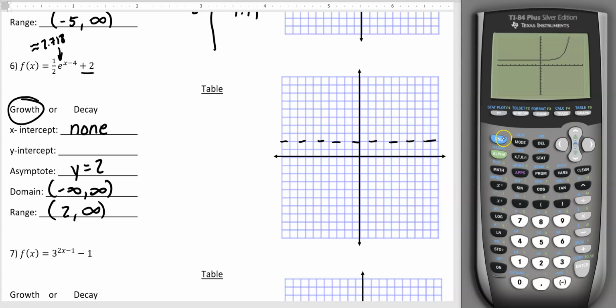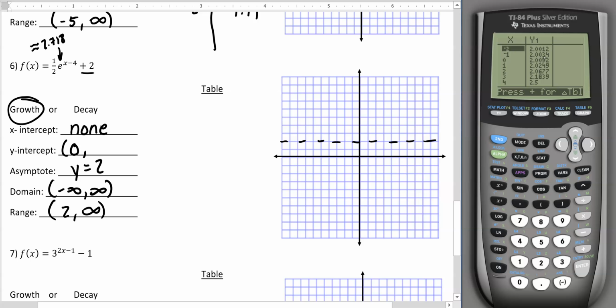So let's hit second table. So at 0, it's 2.01 would be my y-intercept, wild. Now, what values do I want to have? I'm going to start at 4, it looks like. Yeah, let's go 4. We can go 3 to 6.